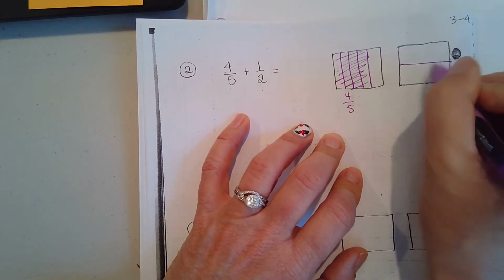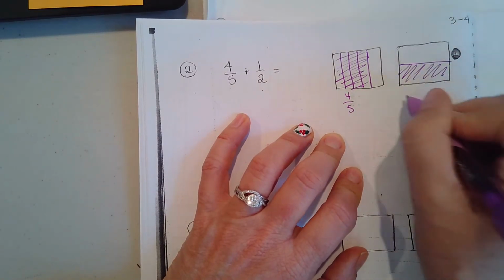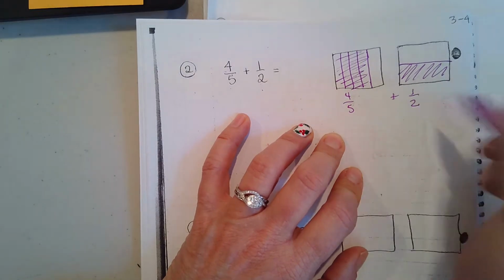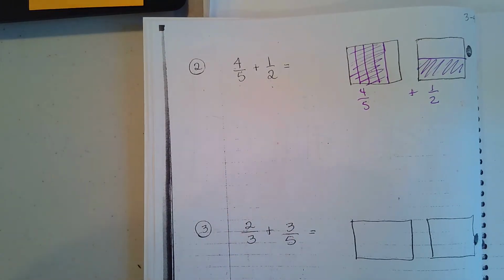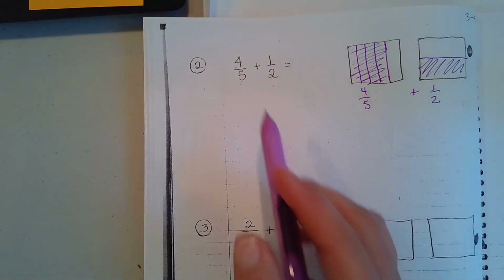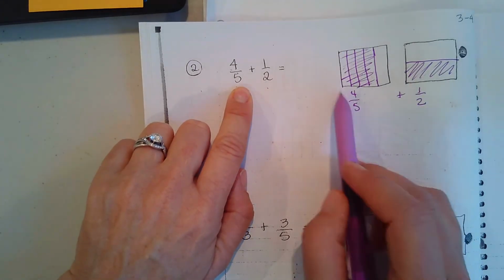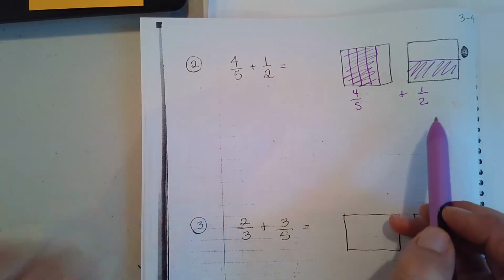And then I have half over here. So do you think my answer is going to be smaller than 1 or greater than 1? Well, you're right. It's going to be greater than 1 because this is clearly more than half, and then you're adding it to a half, right?